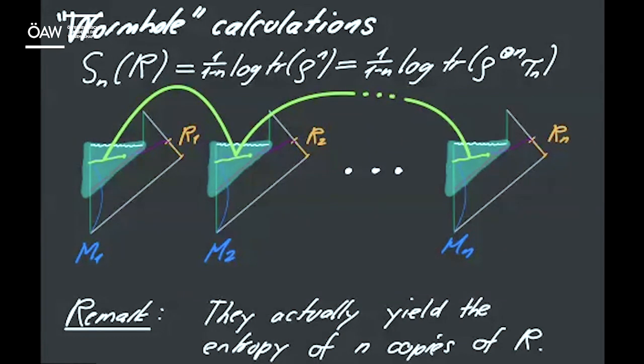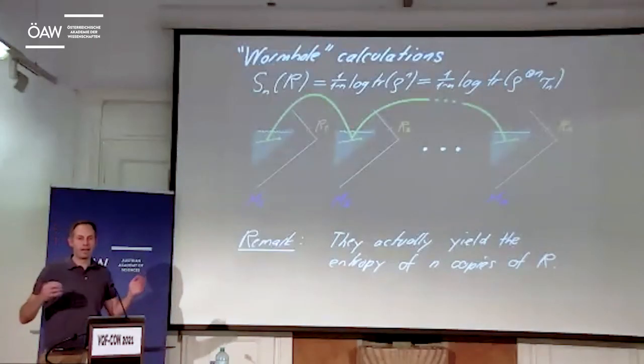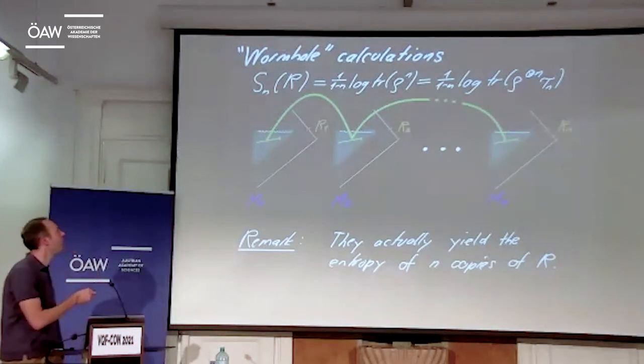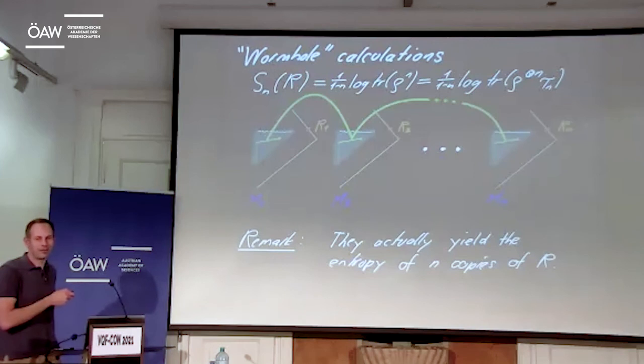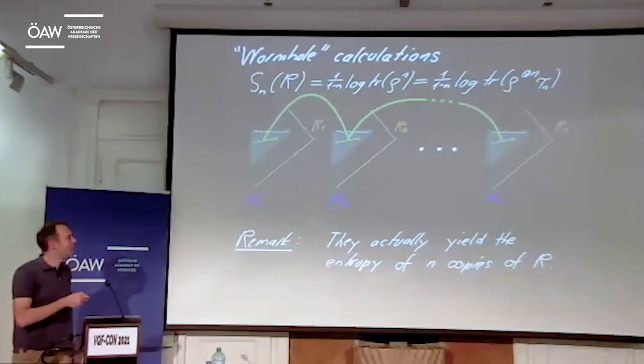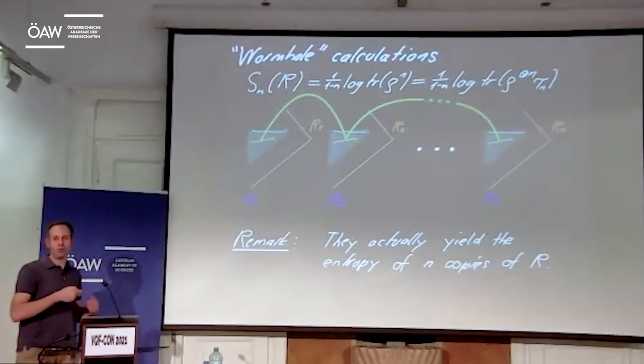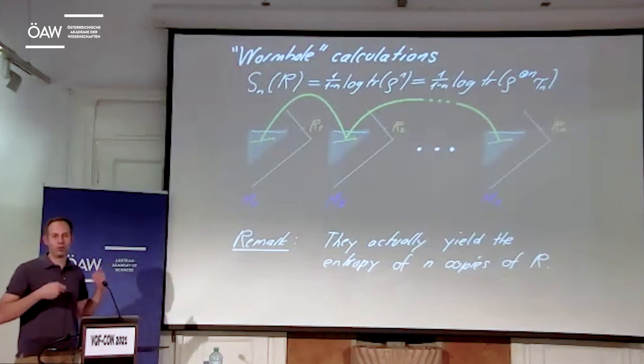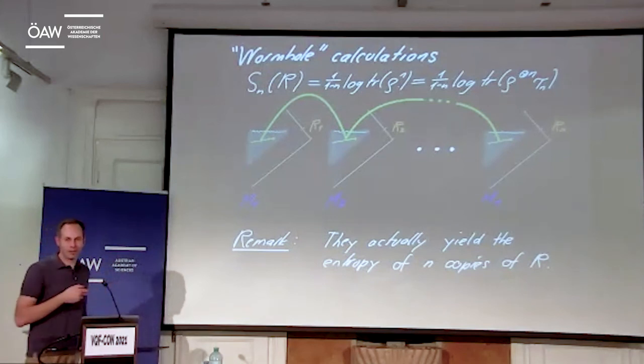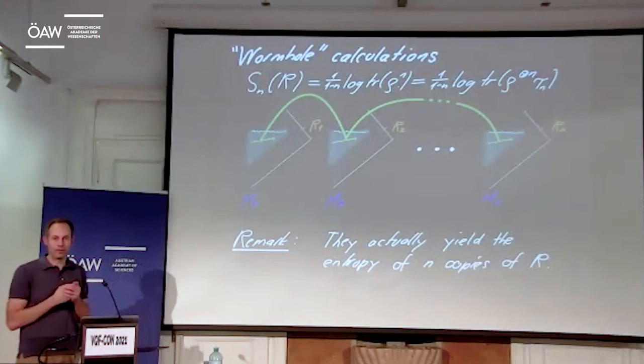This is a thing that has no operational meaning, because the state of one single system is in a way not operationally defined. If I give you one black hole, you have no operational means to find out the state, and therefore you couldn't calculate this thing. But if I give you n copies of the black hole, you can apply this operator, or you could also do tomography and find out rho, but in any case you need several copies of it.